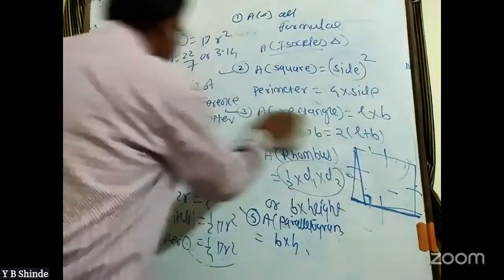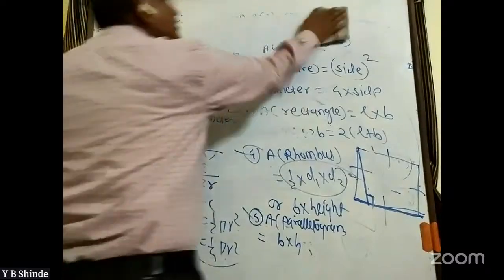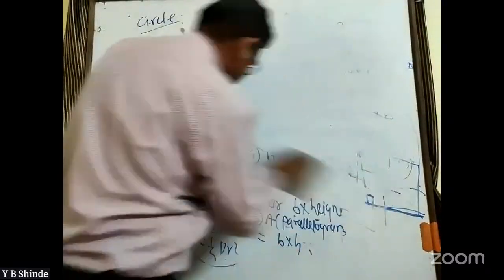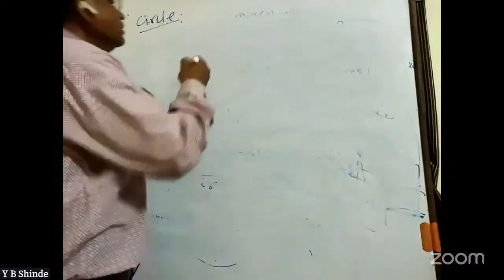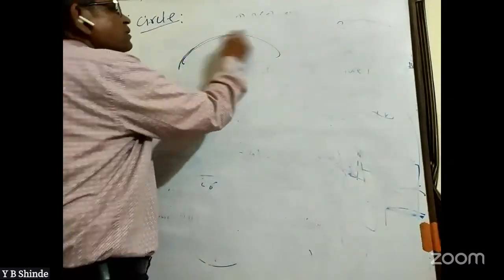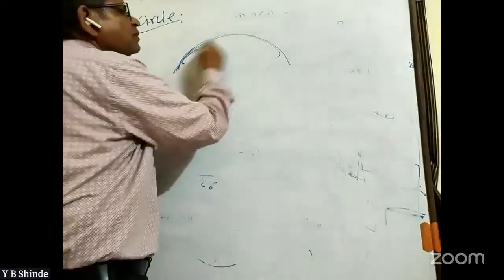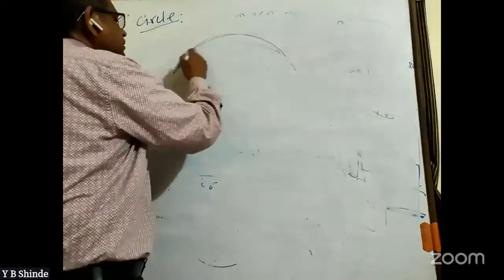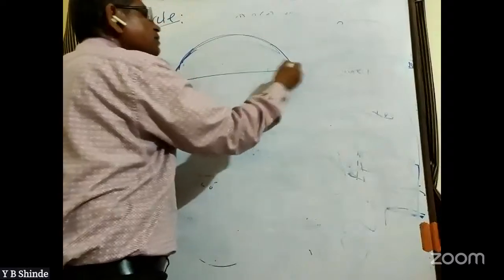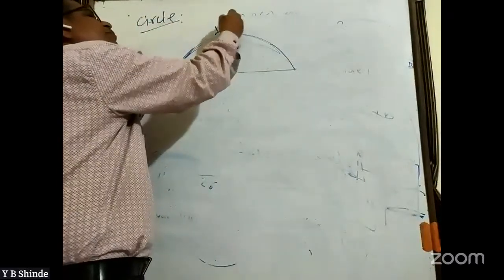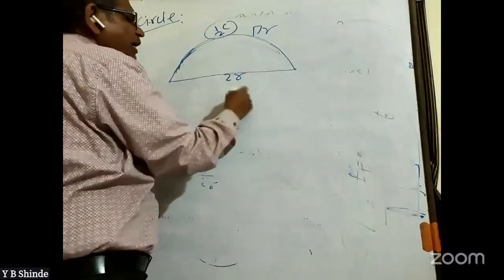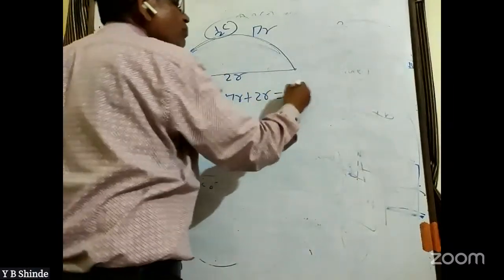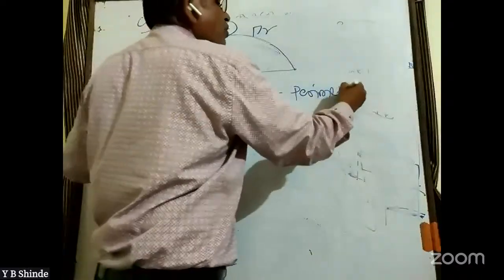See here, the perimeter of a semicircle is also important. See here, this is a semicircle. It's a perimeter, that is half the circumference of the circle, that is pi r. And this is 2r. So pi r plus 2r is called the perimeter of the semicircle.